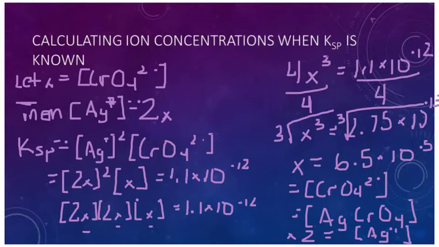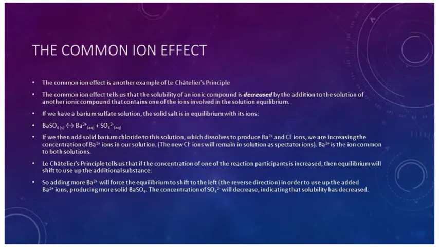This last slide. The common ion effect is another example of Le Chatelier's principle. The common ion effect tells us that the solubility of an ionic compound is decreased by the addition to the solution of another ionic compound that contains one of the ions involved in the solution equilibrium.